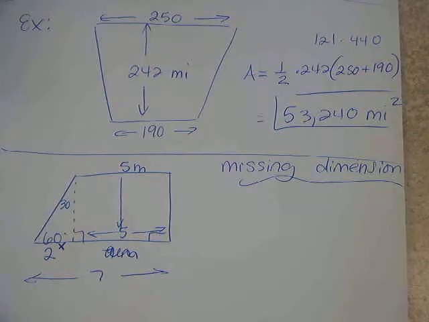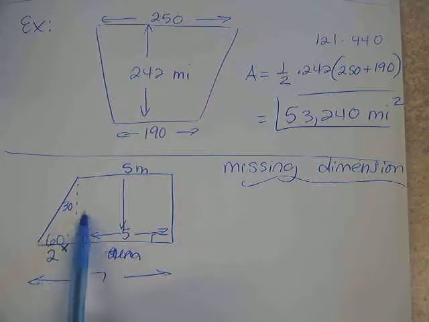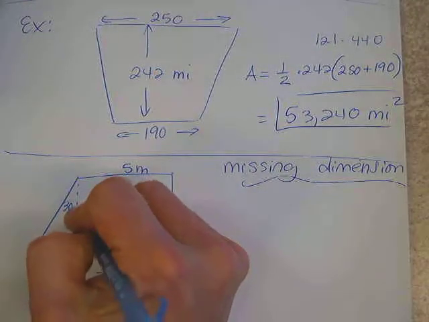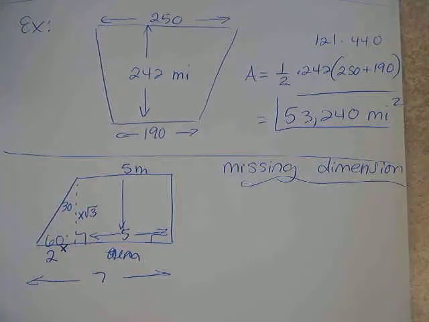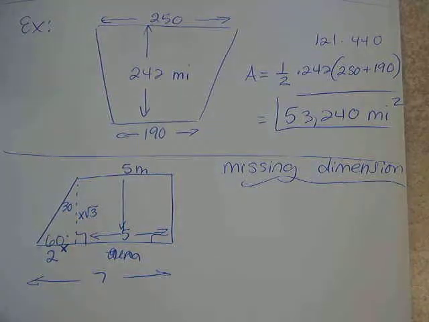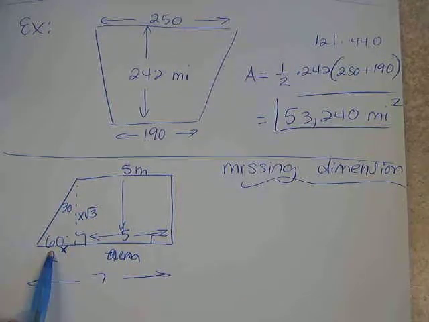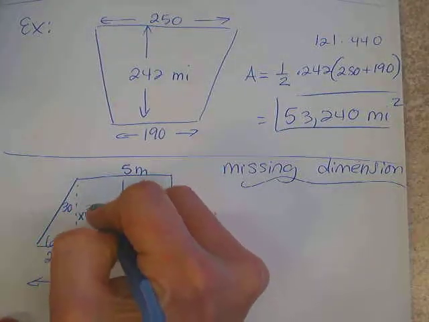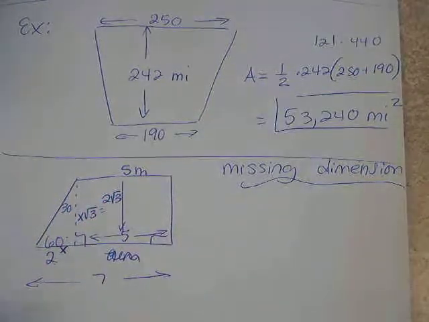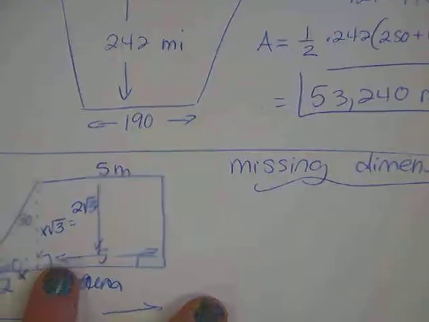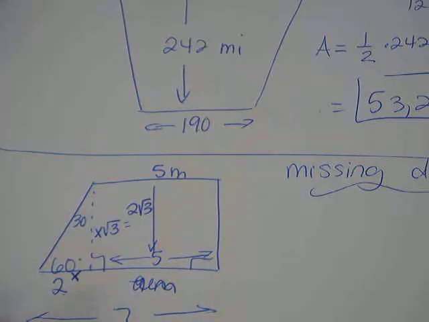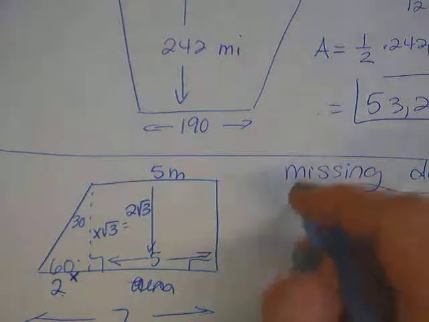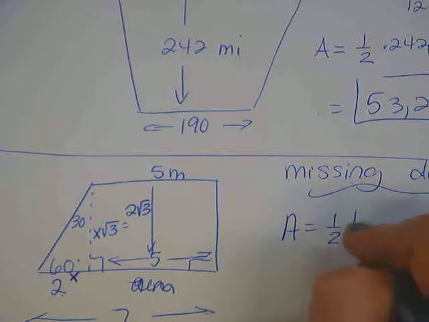So if this is 2 and that is across from our 30-degree angle, that is the x part of our ratio, which makes this the x radical 3. And that's the height that we need. So if x is 2, then our height should be 2 radical 3.